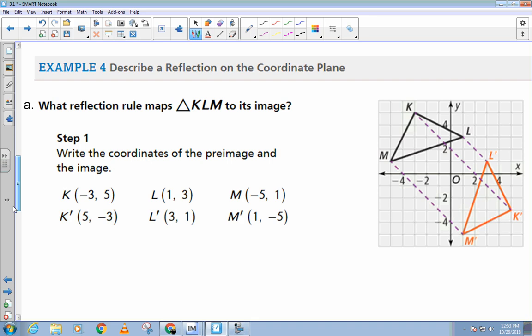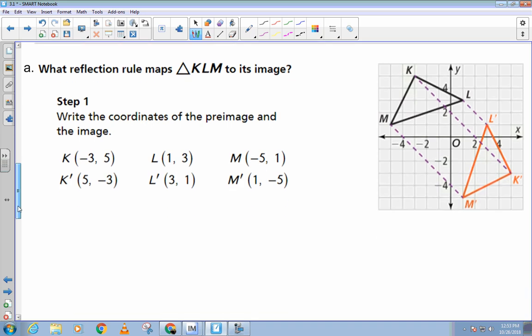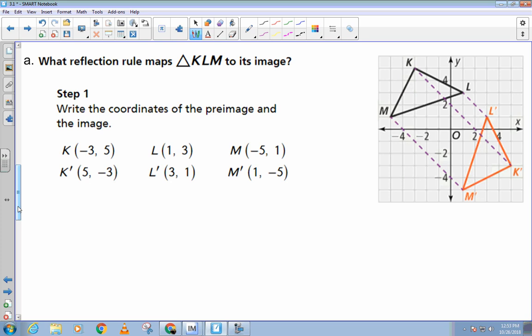All right, so we'll use the first 2 points. We want the midpoint of K and K prime. Now remember, what do you do to find the midpoint? Average of the endpoints. So if you average something, you add them and divide by 2, right?